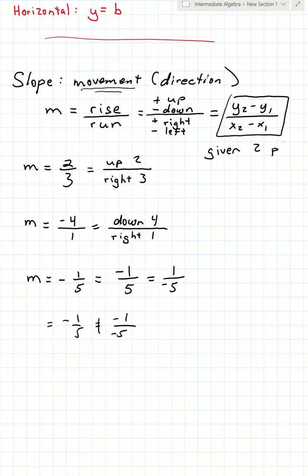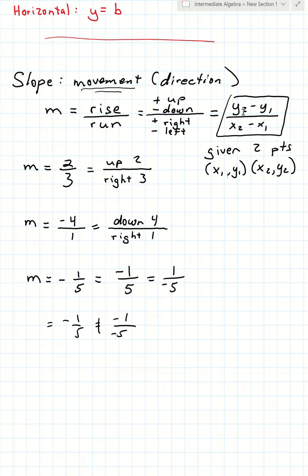We use this formula if we are given two ordered pairs. If we are given 2 points on the line, and those 2 points would be x sub 1, y sub 1, and x sub 2, y sub 2, we can figure out the slope of that line. We can figure out how we can move from one point to the next.